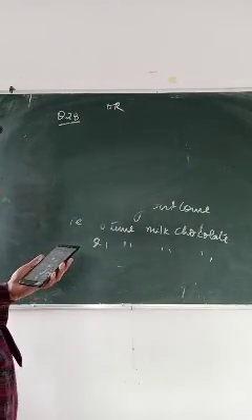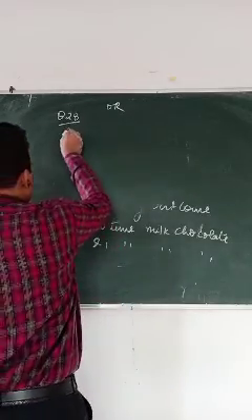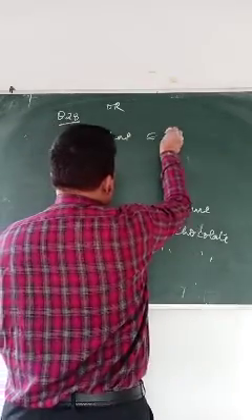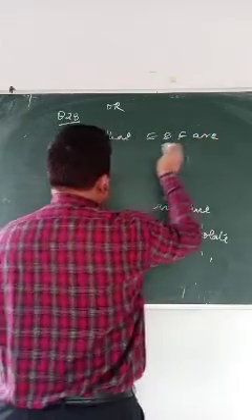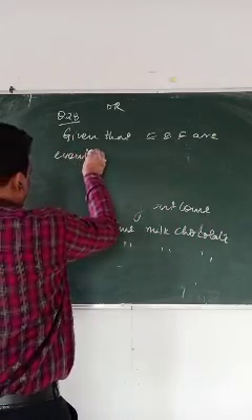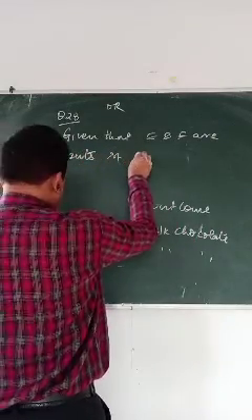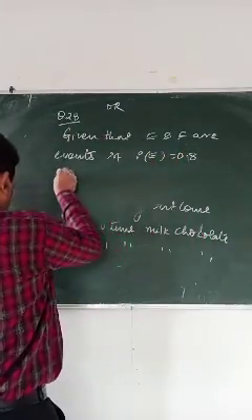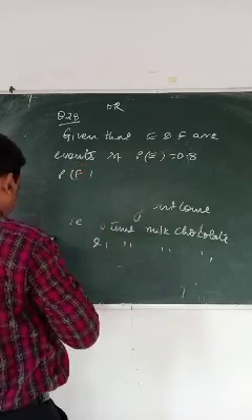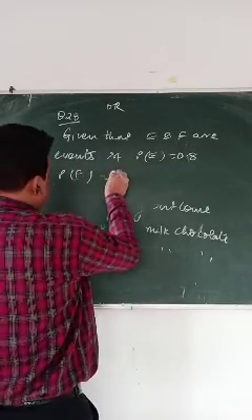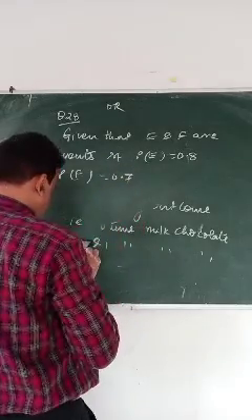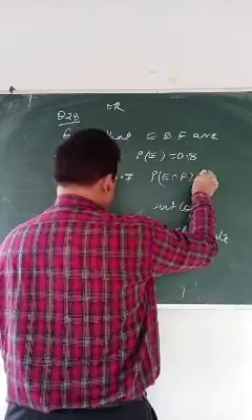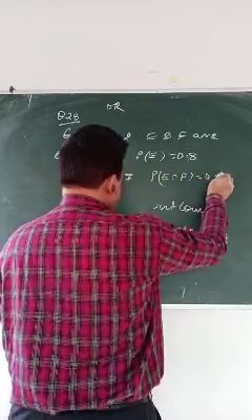Given that E and F are events such that P(E) is 0.8, P(F) is 0.7, P(E intersection F) is 0.6.